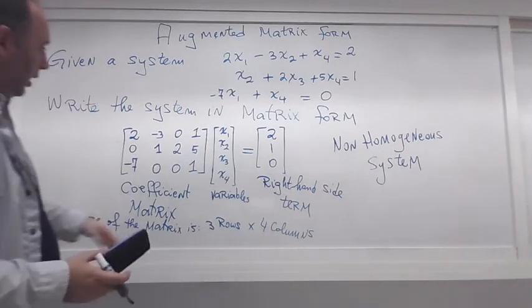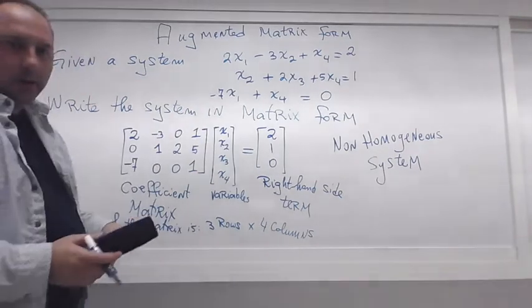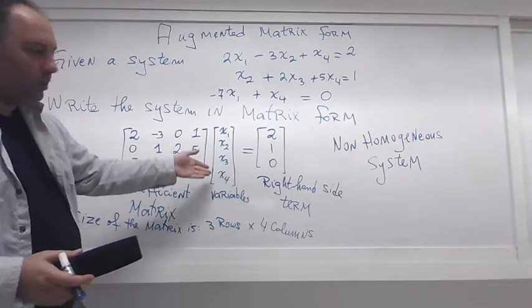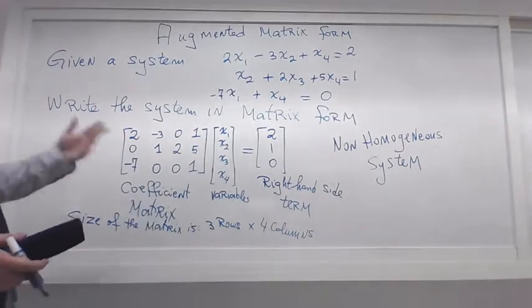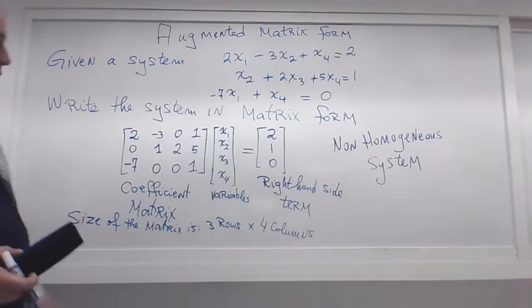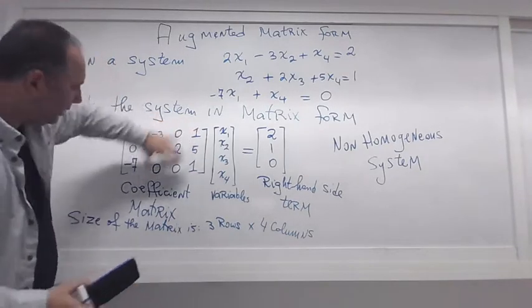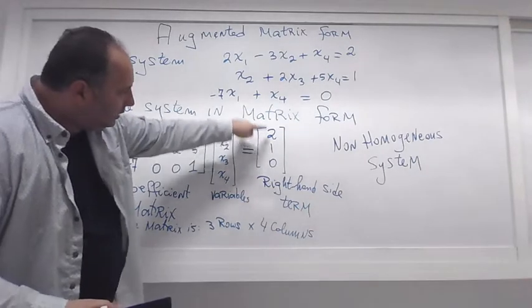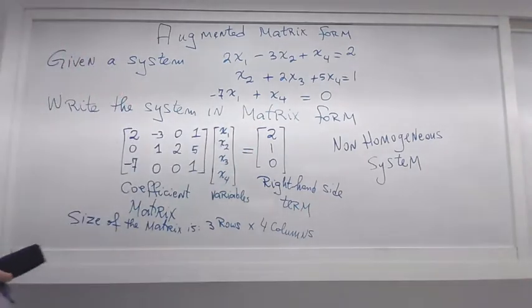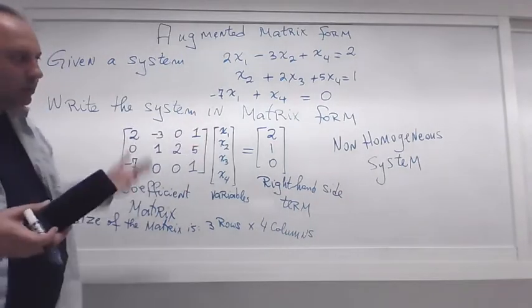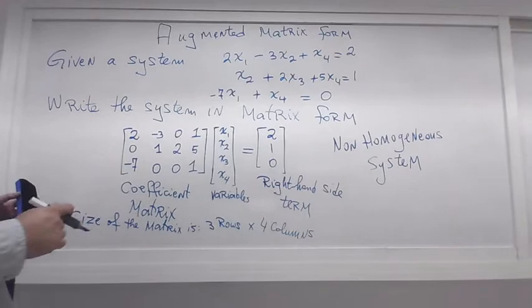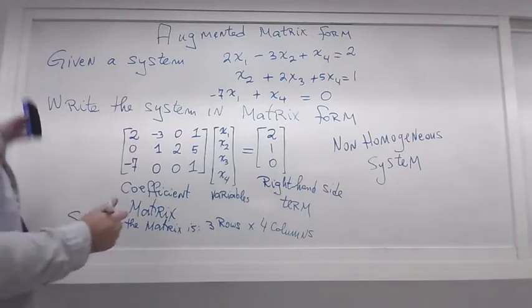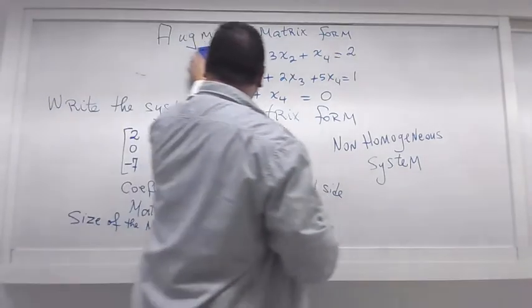Well, it's not a big deal because we know who the unknowns are, x1, x2, x3, x4, they don't change. So I don't need to write this all the time. I can simplify my notation a little bit. What I need for sure is this coefficient matrix and the right hand side member. The unknowns I know implicitly. So let's write now the augmented matrix form, and you will see it's not a big deal.